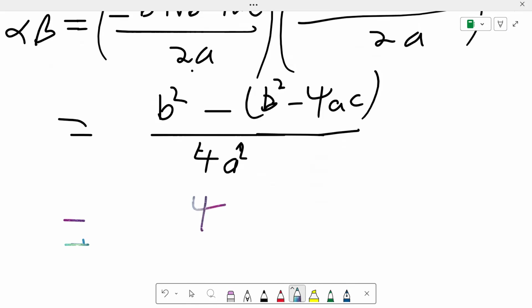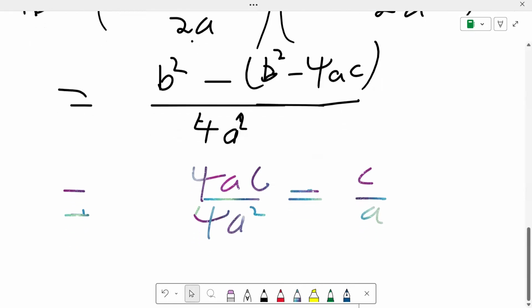So we shall get 4ac on 4a squared. Now, when we simplify, the 4 will divide 4a, will divide a, so we get c on a.